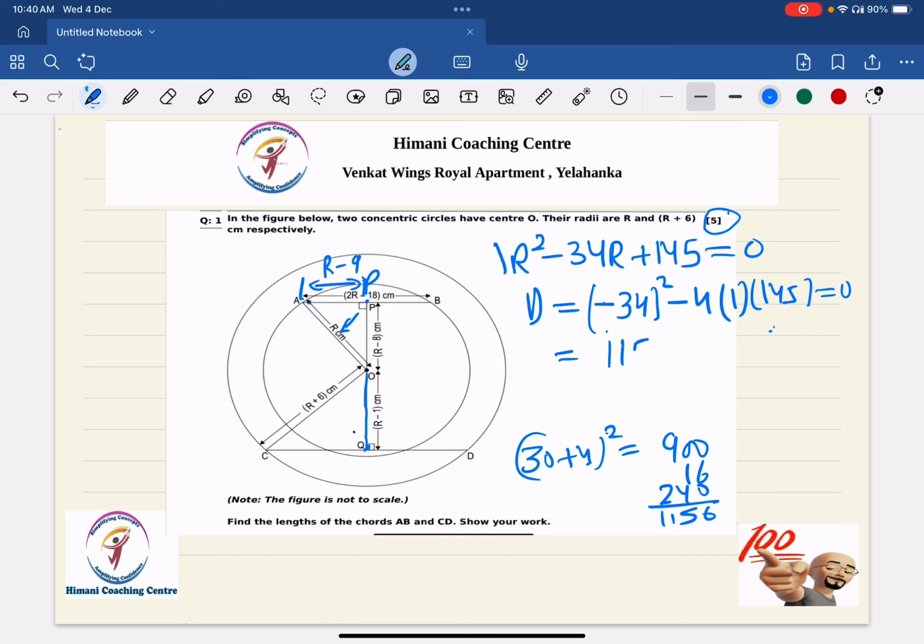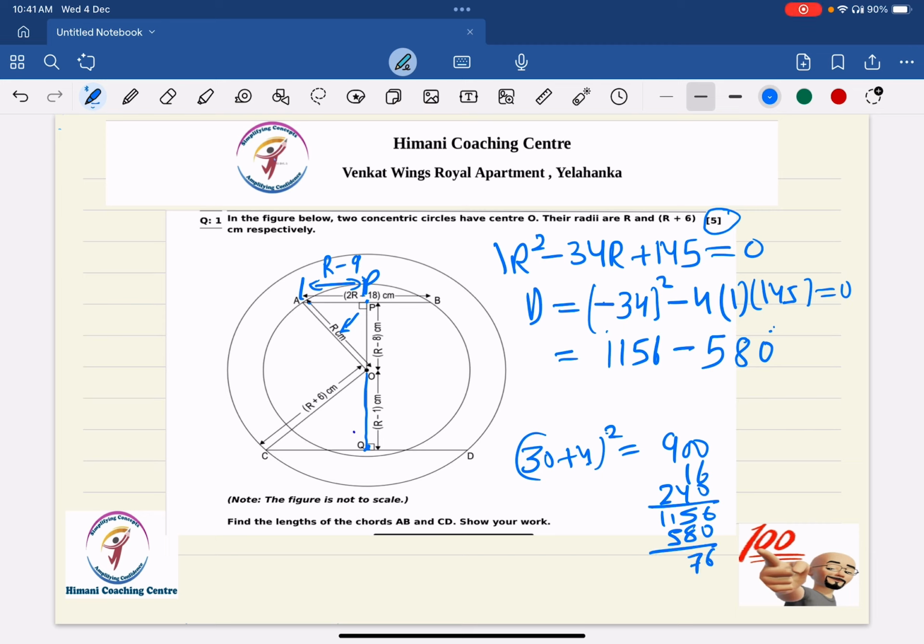So you get 1156. Then minus into plus is a minus, 4 fives are 20, 4 fours are 16, 4 ones are 4. So we have 1156 minus 580. Let's do that.